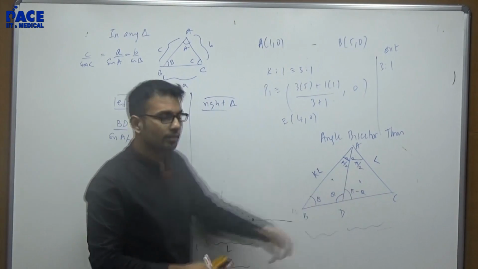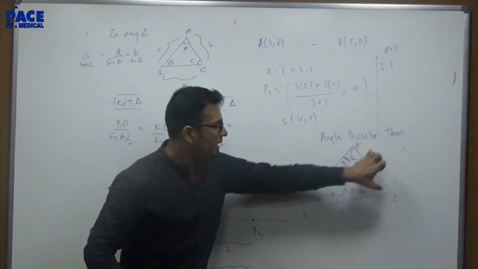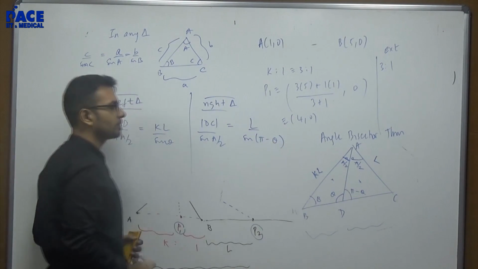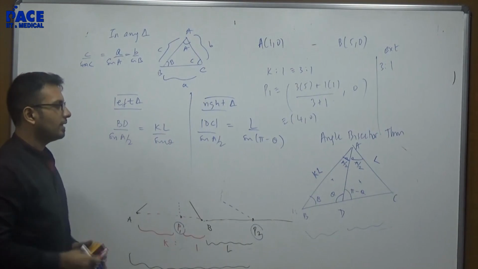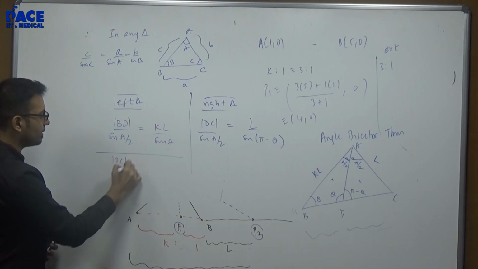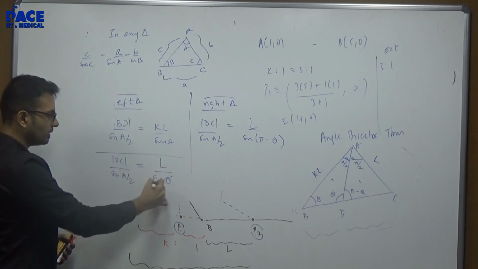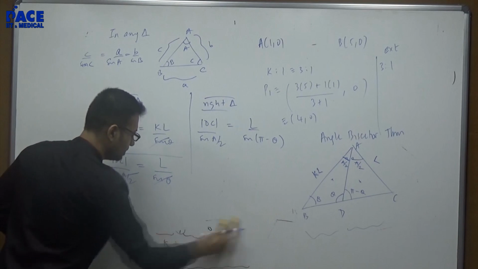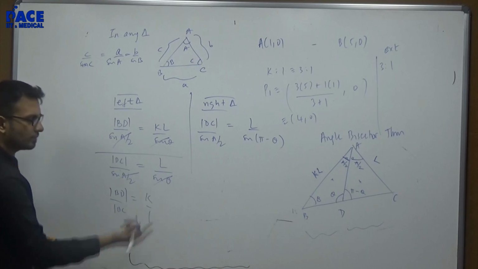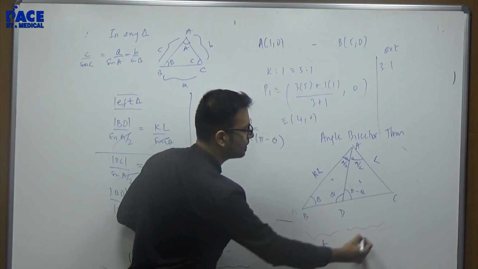This length DC upon sin A/2 is L upon this angle, L upon sin(pi minus theta). Now divide the two. sin(pi minus theta) and sin theta will cancel, it is sin theta only. So BD upon DC is K upon 1. So when you draw the angle bisector, it will cut in K:1 only.